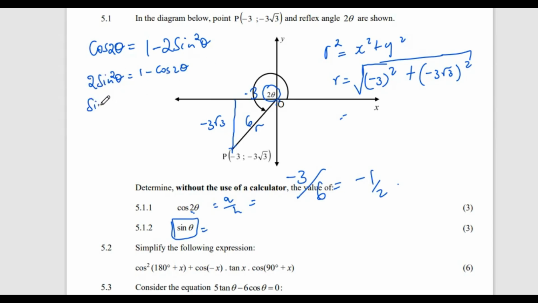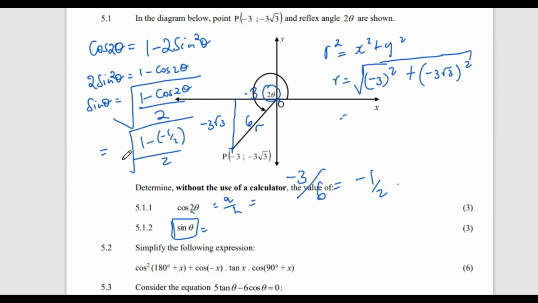And so sine theta is going to be the square root of 1 minus cos 2 theta over 2. When we substitute our cos 2 theta, which is -half, so it's going to be 1 minus -half over 2 under the square root. You can go bit by bit or just at once, no problem.